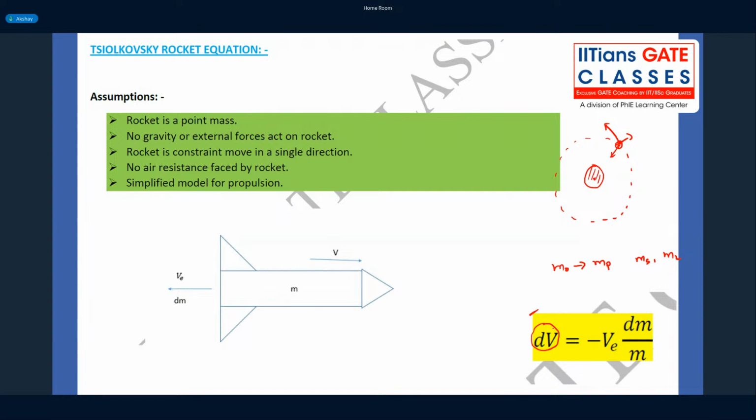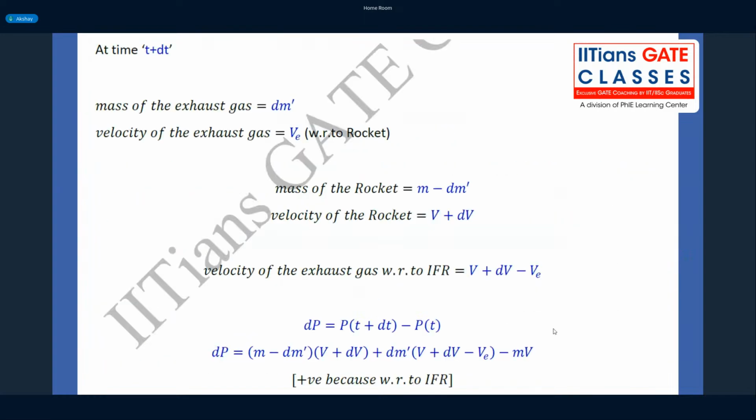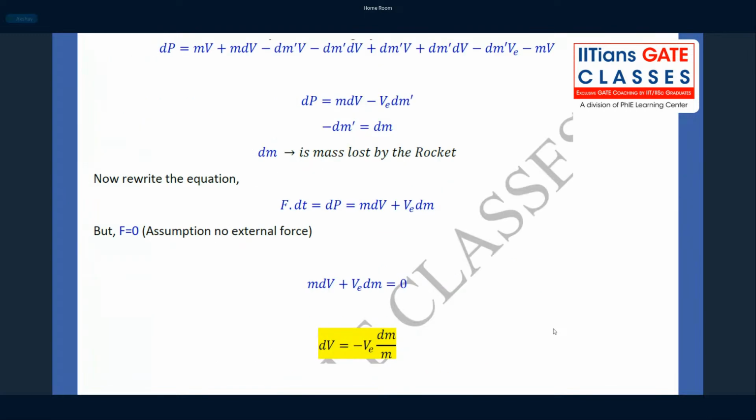So in today's demo class I am not really going to derive this equation, I am just stressing the importance of this equation. Then we will see the final form of that equation, with the mass ratios and other variables in which we are going to represent it.